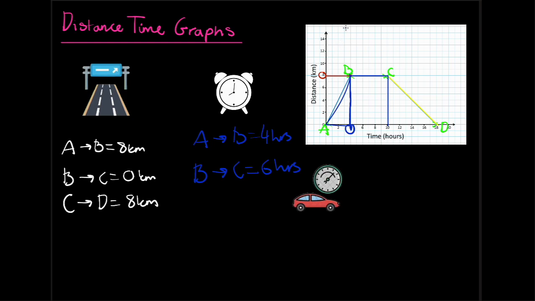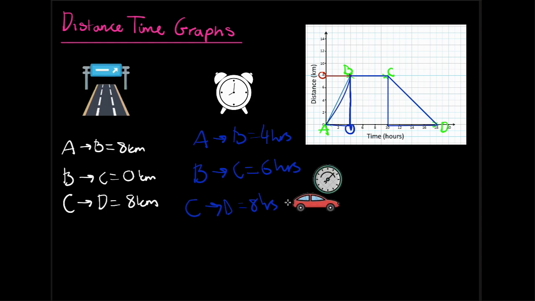And finally, we do C to D. We start on 10 and end up on 18. So 18 minus 10 is 8 hours. So put C to D equals 8 hours.